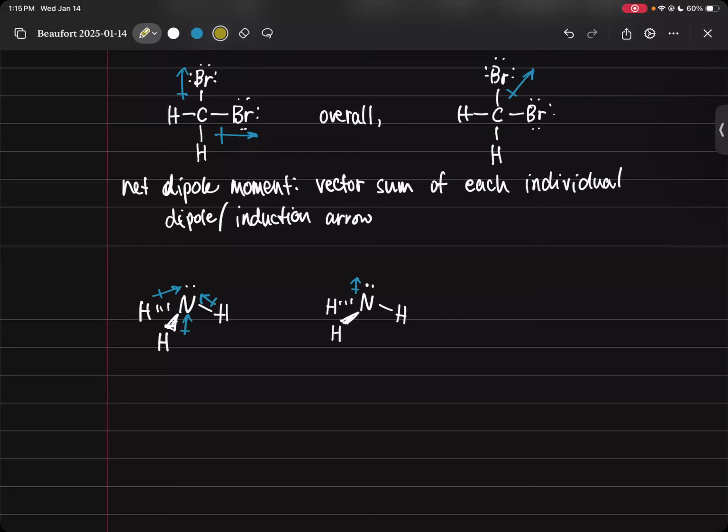So essentially what that means is that the top half of the molecule is more polar, and the bottom half of the molecule is less polar.